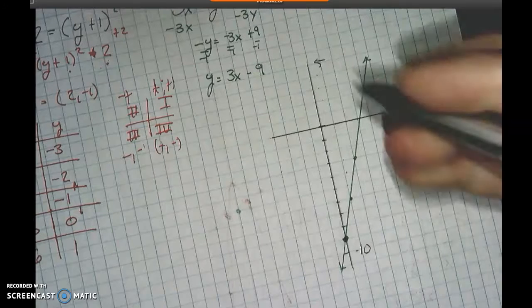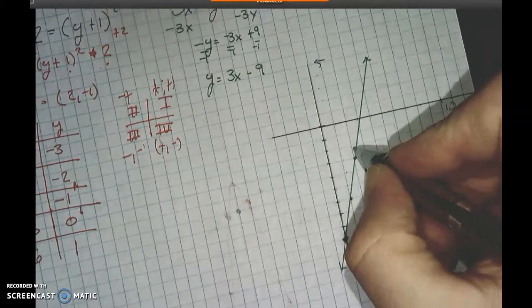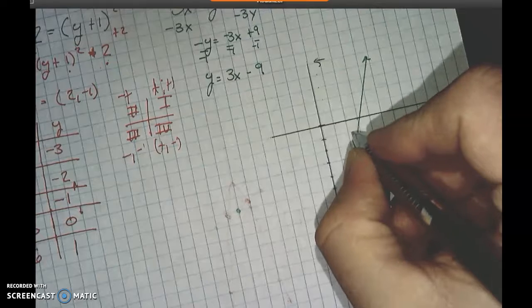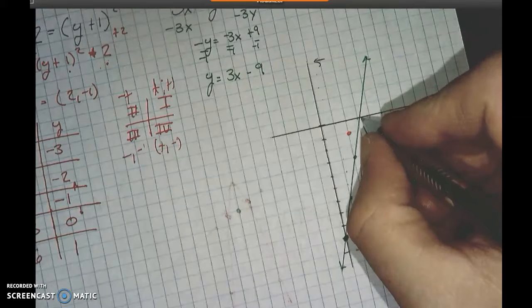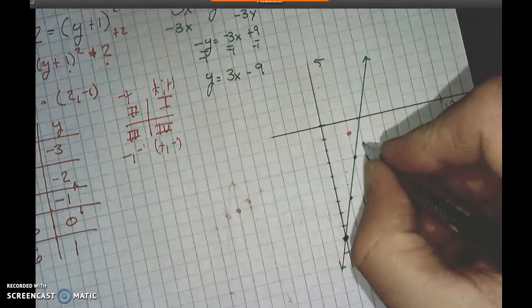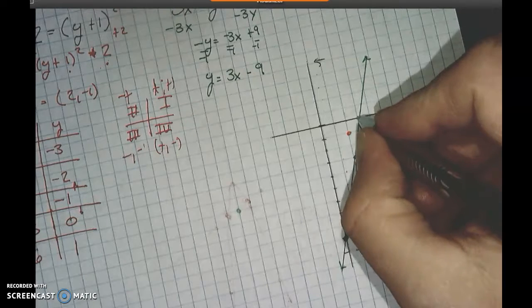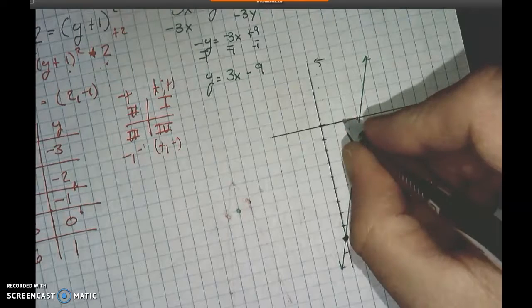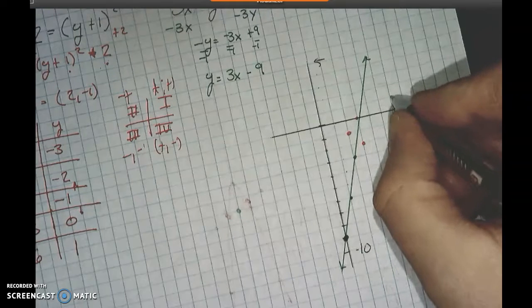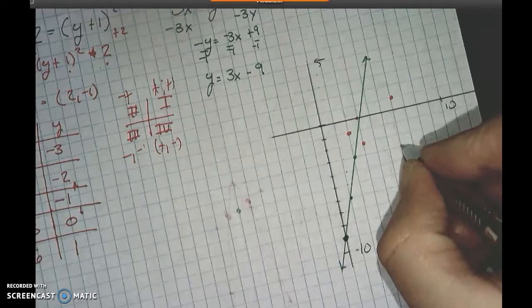I'm at 2, negative 1. So right there, I'm at 3, negative 2. I'm at 3, 0. And then I'm at 6, 3, 4, 5, 6, 1. And then 6, negative 3.